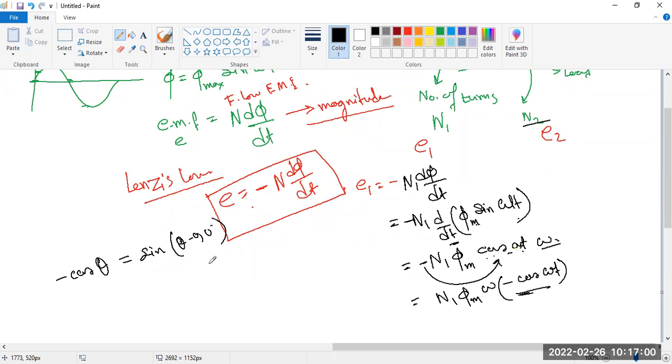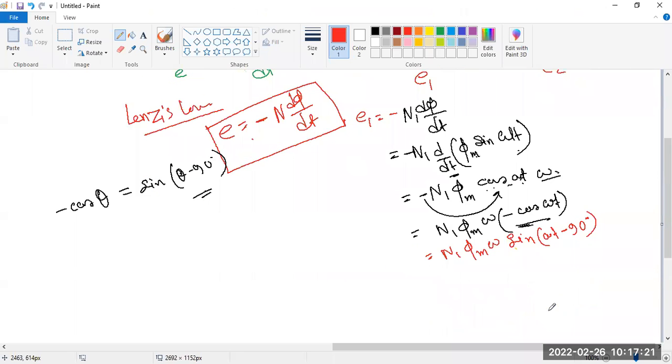In the same way, I am writing another point, n1 and sine omega t minus 90 degree. Up to that it is clear. In this portion we can write some e.